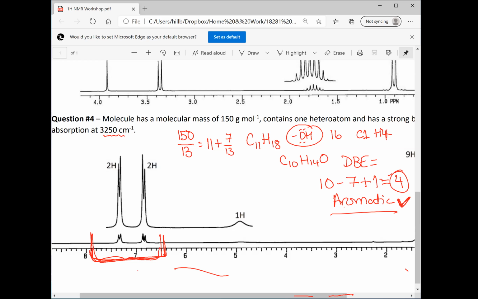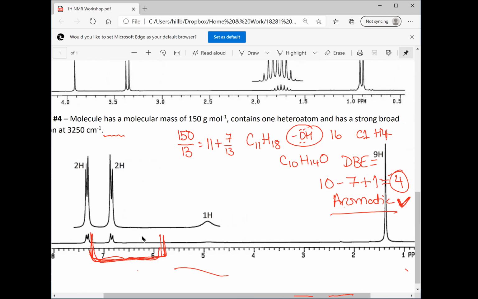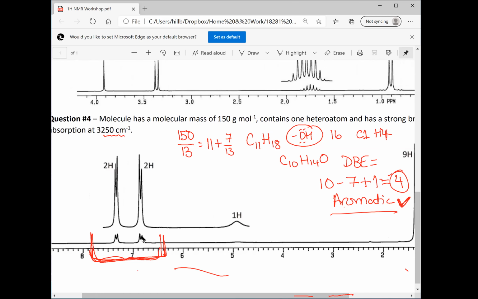So the next step we would do is the little table to check out the neighbors and that sort of stuff. With regard to these peaks here, this is going to be these two aromatic peaks.